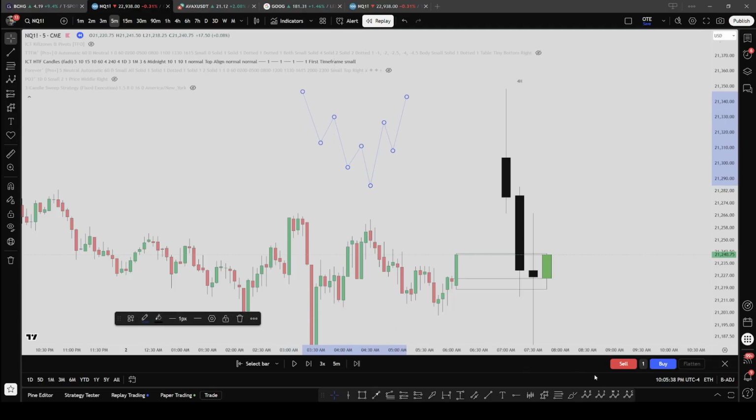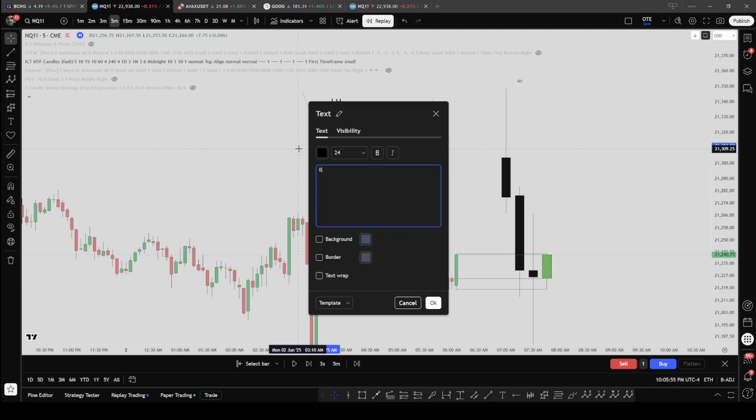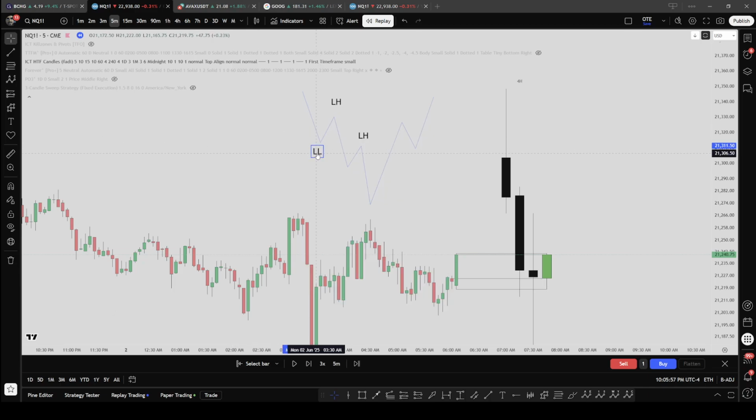So in this case, if we're in a downtrend, I want to make it a little bit like this. You have a lower high, and then you have lower lows, and then a lower low here.